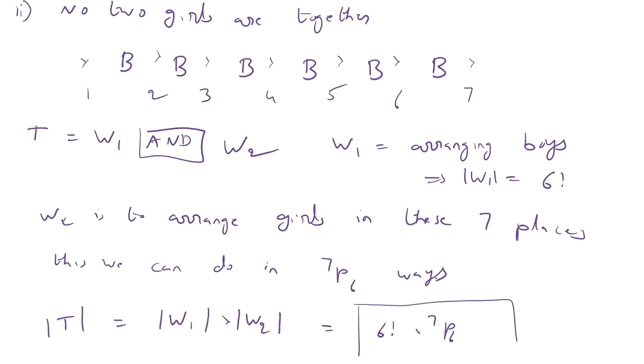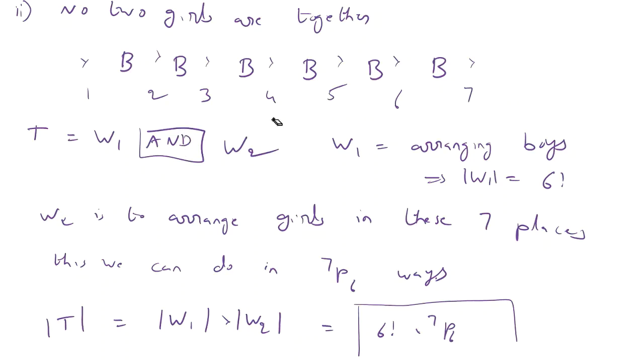So whenever we have a problem like this, no two girls are together or no two particular objects are together, first we have to fill the remaining things, leaving one place in between. If you fill all the boys, then we'll have 7 different positions.